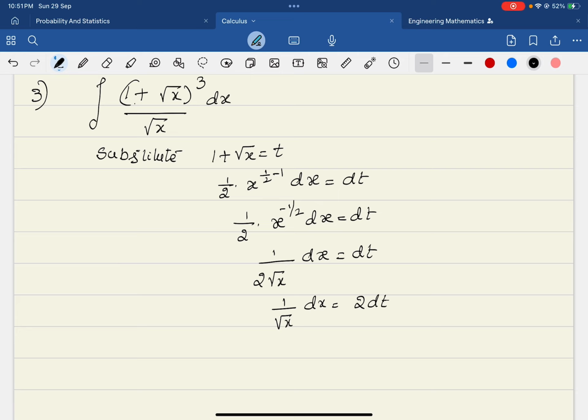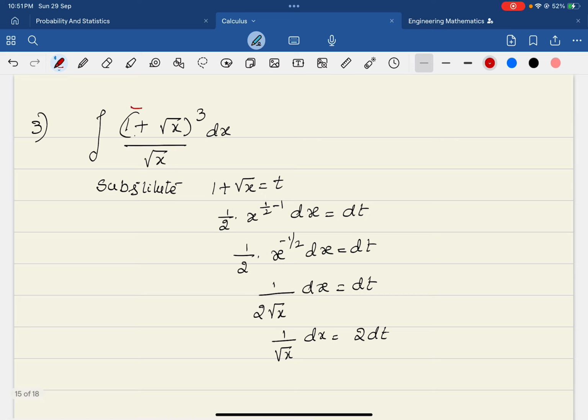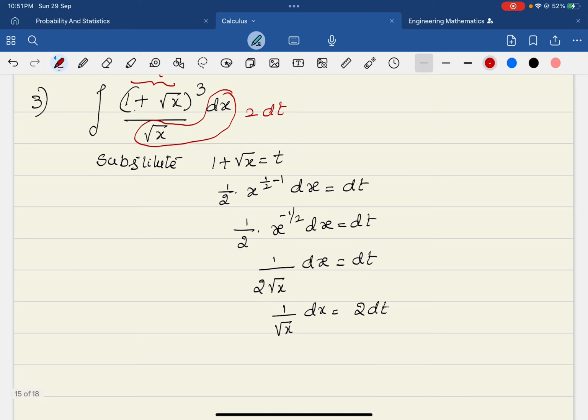This whole thing is 1 plus root x. We can replace this whole thing as t, and dx by root x can be replaced by 2 dt. Okay, so now we write this as the integral of t cube into 2 dt.